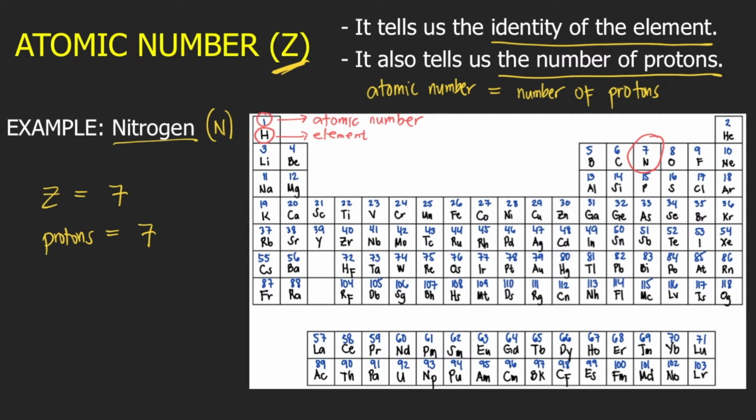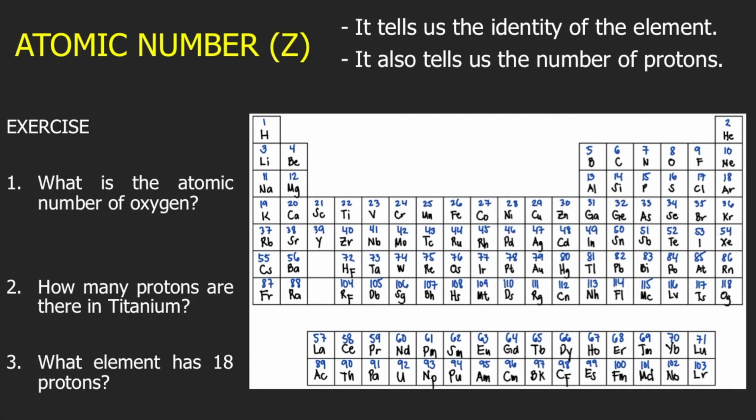Let's have some exercises. For the first question, what is the atomic number of oxygen? Let's look for oxygen in our periodic table. The symbol of oxygen is O. So it's pretty clear that the atomic number of oxygen, Z, is equal to 8.